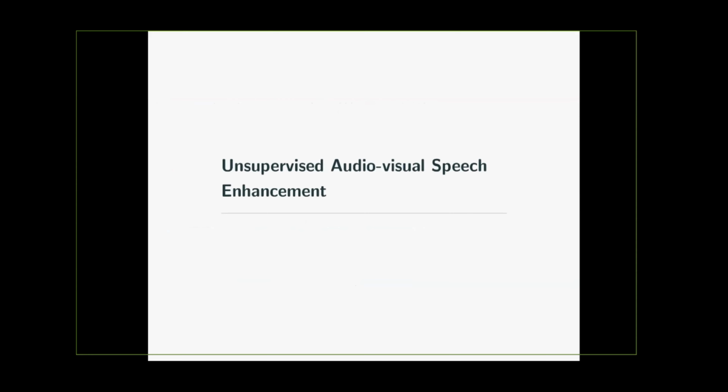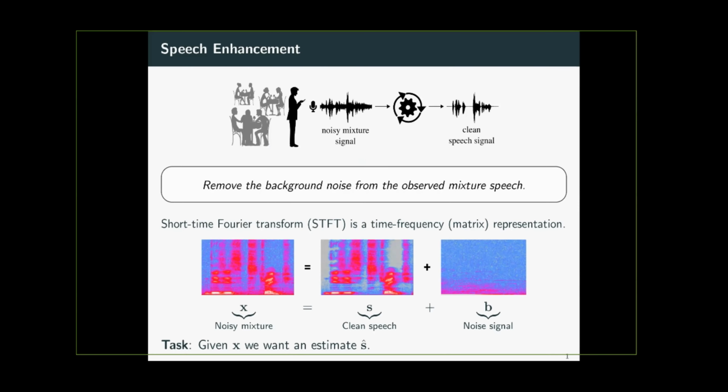So let's start with what we mean by unsupervised audiovisual speech enhancement. The task of speech enhancement consists of extracting the clean speech signal from a noisy mixture, or in other words, removing the background noise. We will be working in the short time Fourier transform domain.